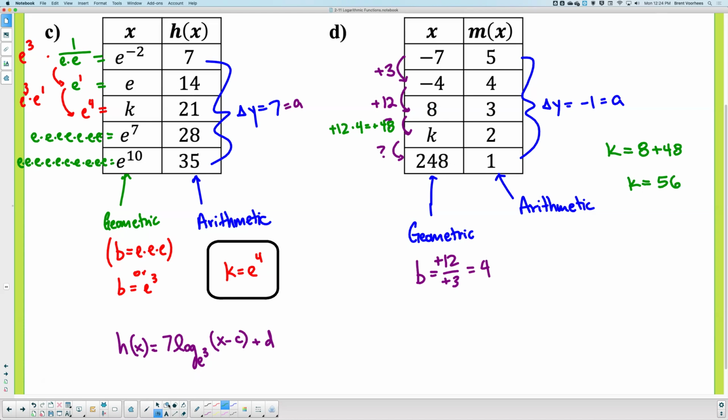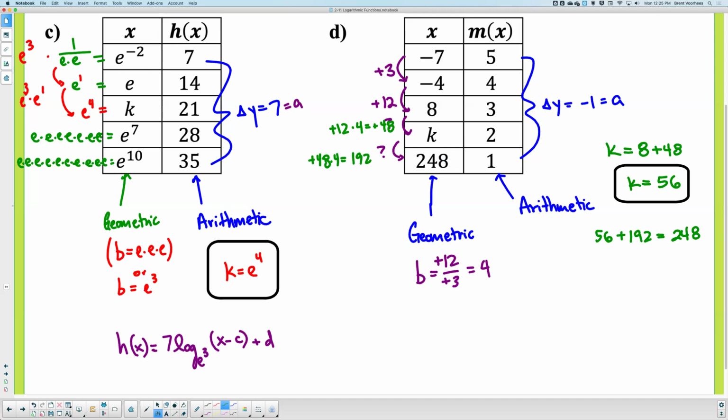That's our answer here. If I wanted to make sure this is accurate, you could check this one. You would take 48 and multiply that times 4. 48 times 4 is 192. And if you did 56 plus 192, you do in fact get 248. So we did do it correctly.